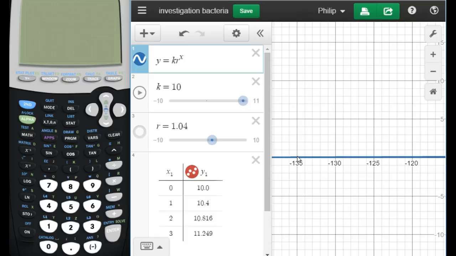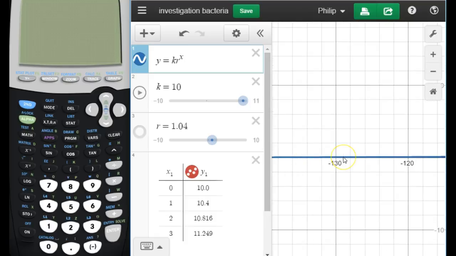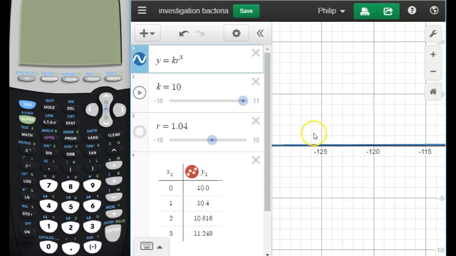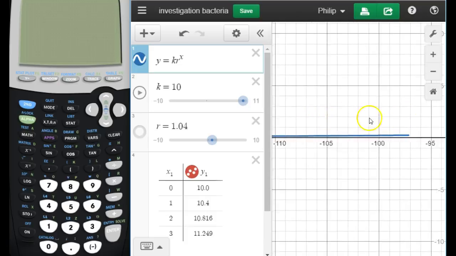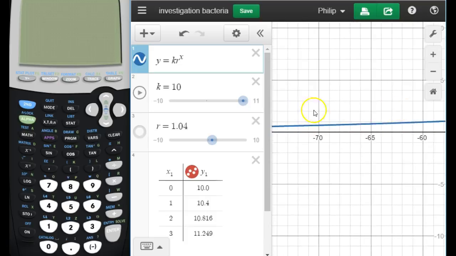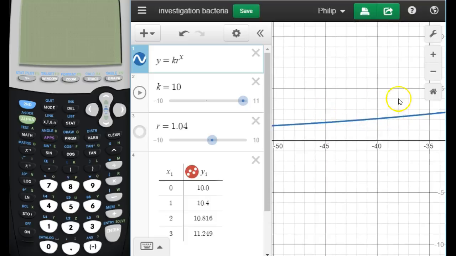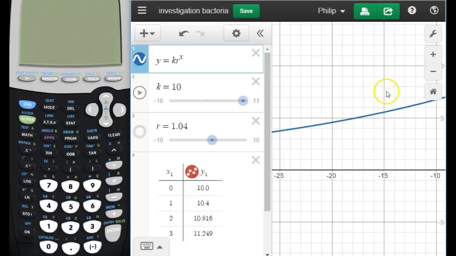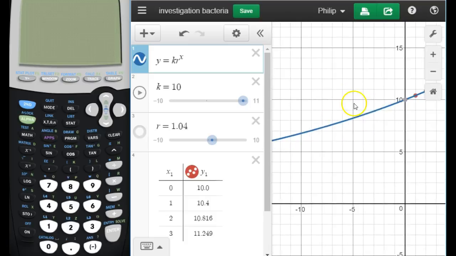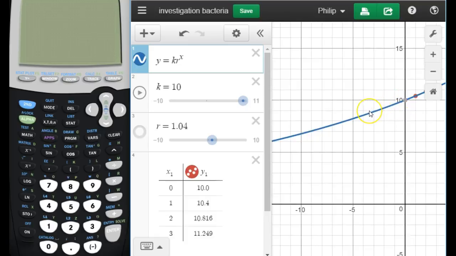Or maybe a physical reason why is, think about what this means. So, like, if we had a quantity of 10 bacteria at x equals 0, and we go back in time, are you ever going to get to the point where there was no bacteria? Have you ever thought about what happens when you have no bacteria?